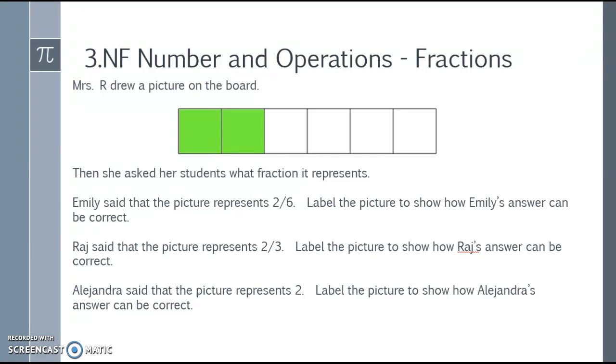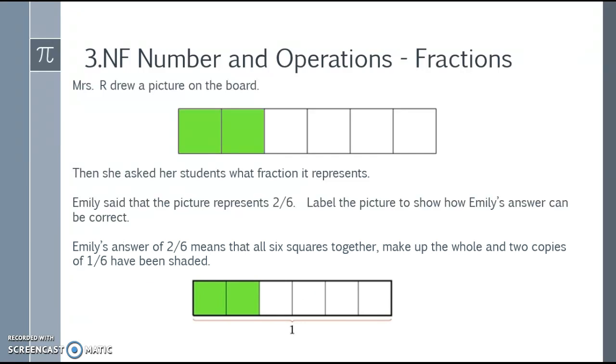So we have 3 different students picking on this picture and interpreting it 3 different ways. Let's start with Emily. Emily's answer of 2/6 means that all 6 squares together make up the whole. So all of them together are the whole. And 2 copies of 1/6 have been shaded.